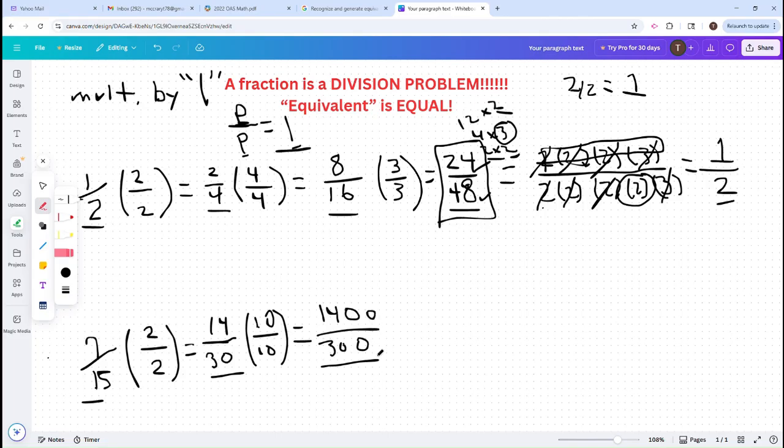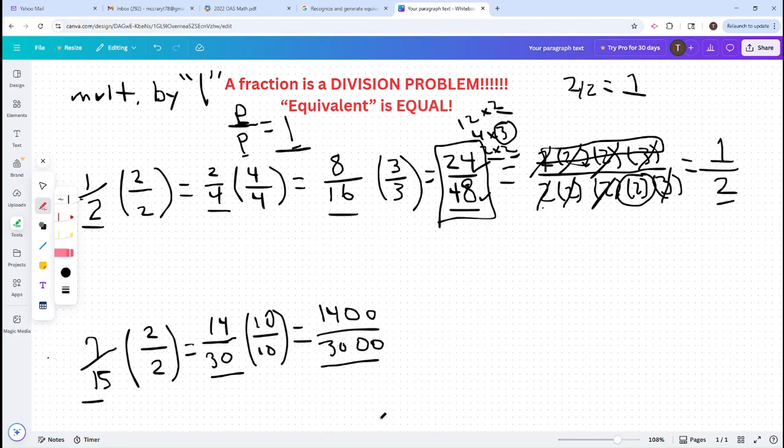You can keep adding zeros here as long as you do it to the top and bottom, and it stays equivalent. So that's equivalent fractions here. You just multiply it by 1, but that 1 has to be a fraction, and there's a great rule out there that says any number to your heart's content. Obviously, I don't want to throw odd or weird numbers out there, but any number divided by itself is 1.